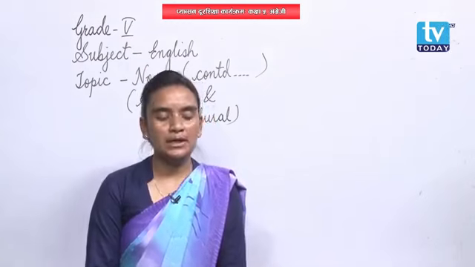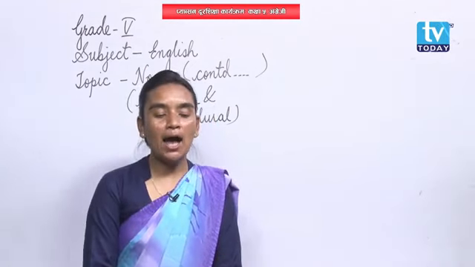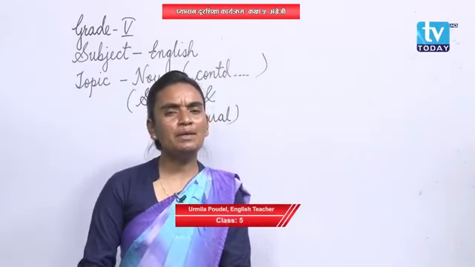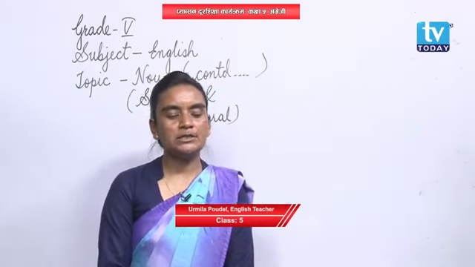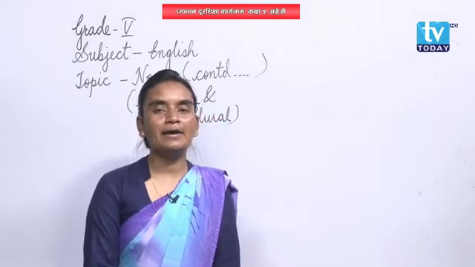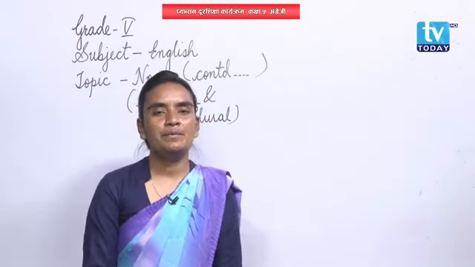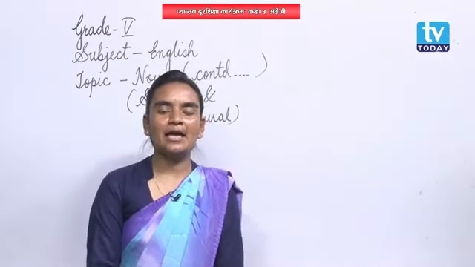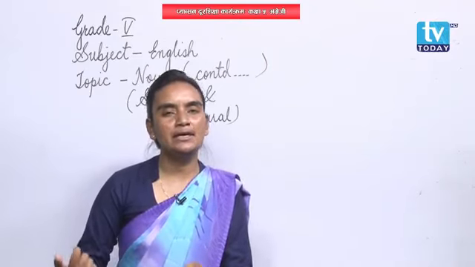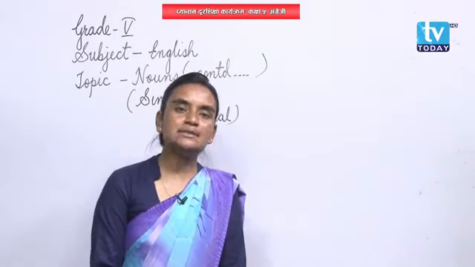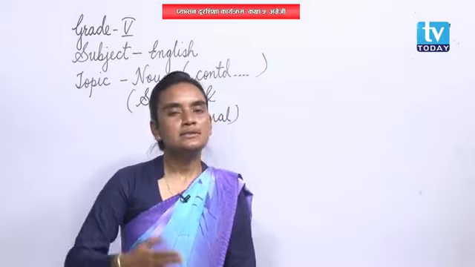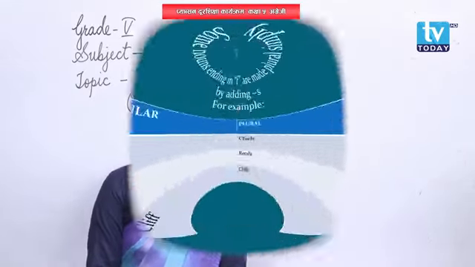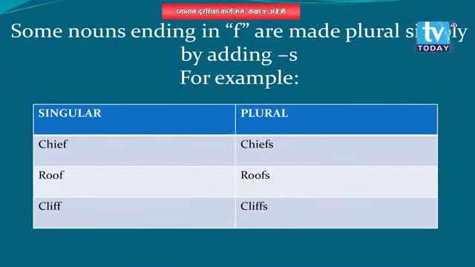So dear children, we are going for one more rule to be followed for finding the plural from the singular form. That is, some nouns end with F, but can be made plural by adding S itself. Rather, in the previous rules, we have said that F and FE change into VES in plural form, but in some cases we also go for adding S in making the plural form.